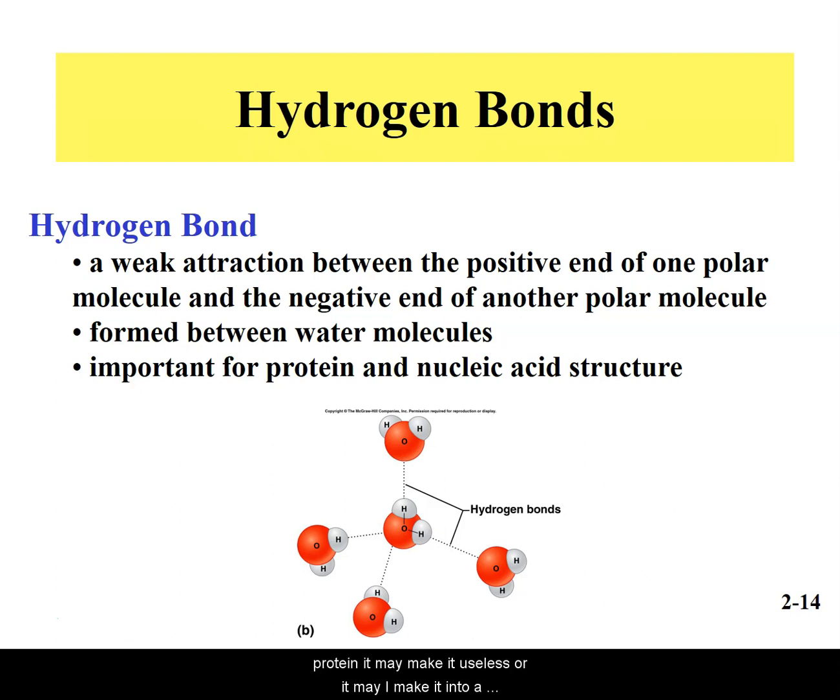It may make it useless, or it may make it into a different type of protein. But just altering that 3D shape is a matter of breaking the hydrogen bonds and maybe reforming them. But hydrogen bonds are very important in biology.